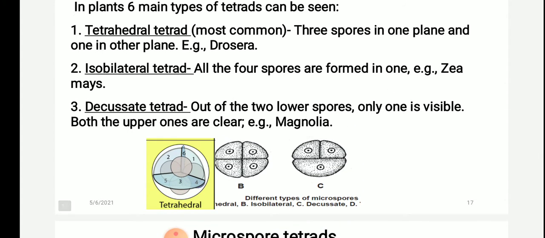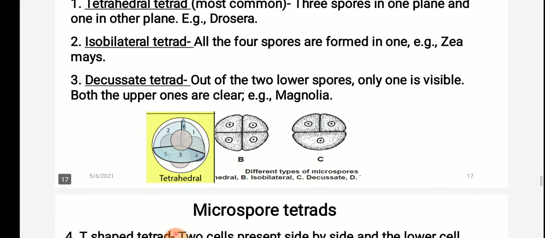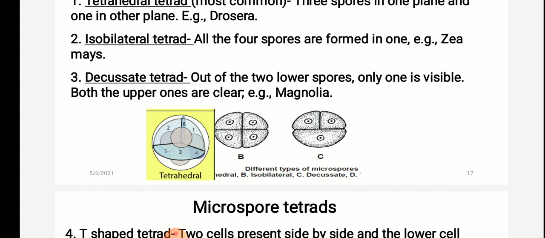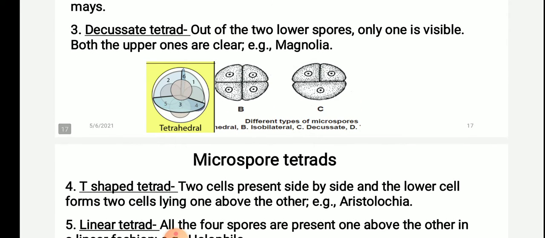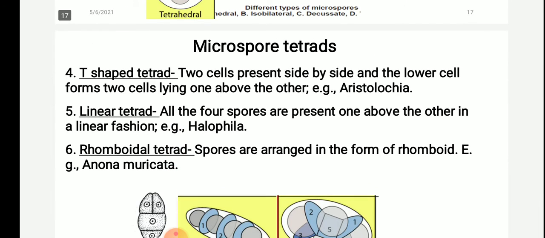Tetrahedral tetrad is the most common type: 3 spores in one plane and 1 spore in another plane, seen in Drosera. Isobilateral tetrad: all 4 spores are formed in one plane, as in Sesamum. In decussate tetrad, out of the 2 lower spores only one is visible, while both upper ones are clear. Example, Magnolia.